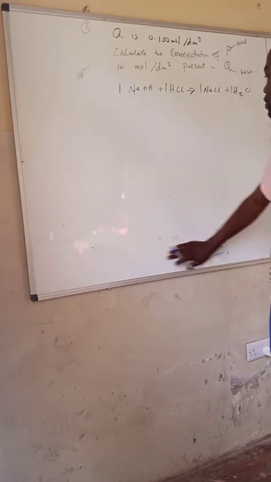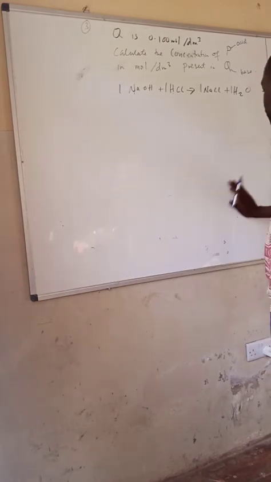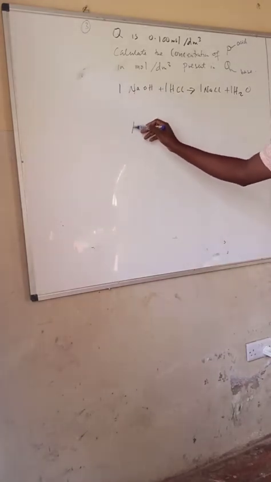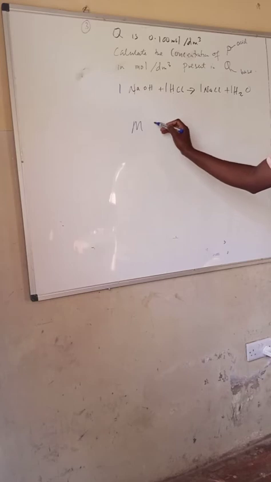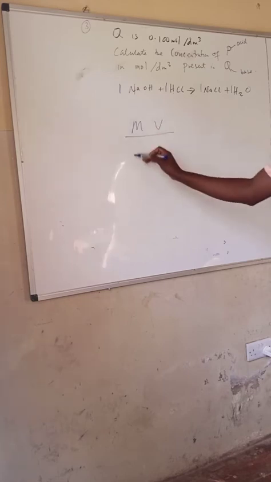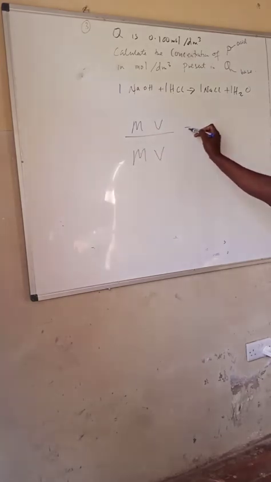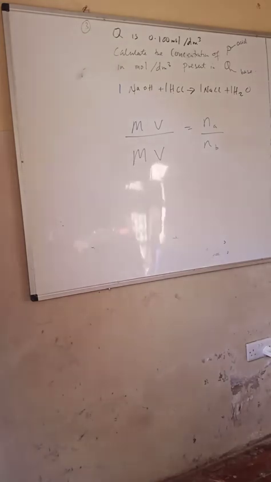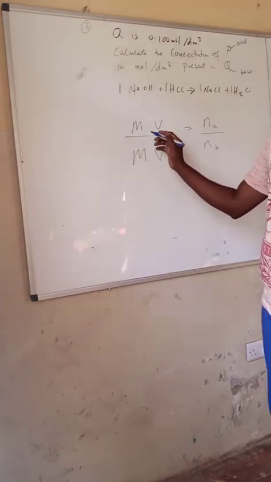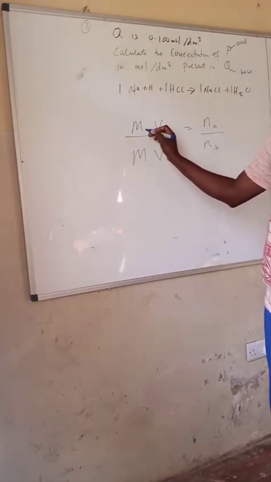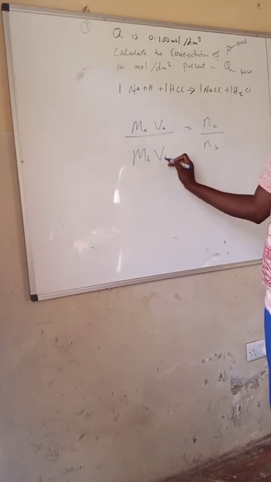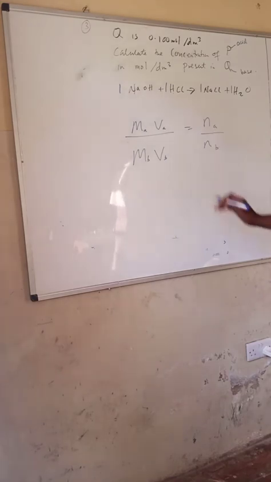We have that formula: MV over MV is equal to NA over NB. A here, B here, A here, B here.